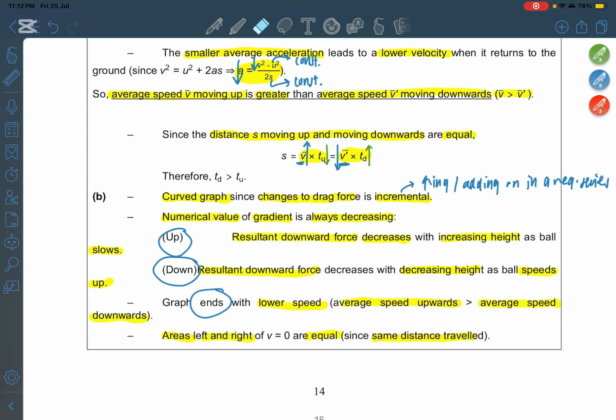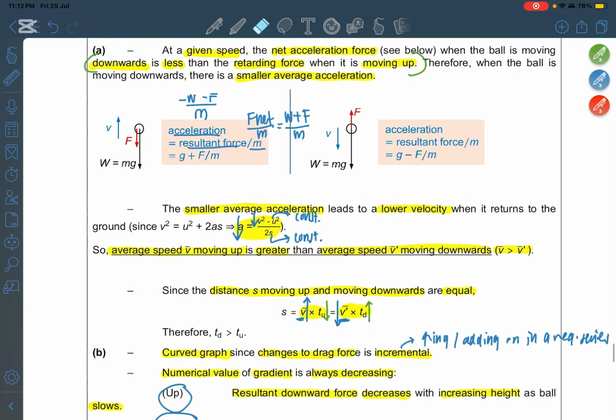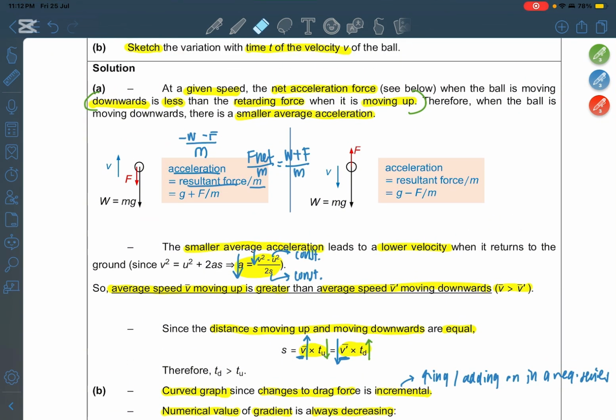But then when the ball is coming down, gravity is downwards and air resistance is going upwards. Why suddenly upwards? Because it's going against the motion, which is going down, or V is going down.